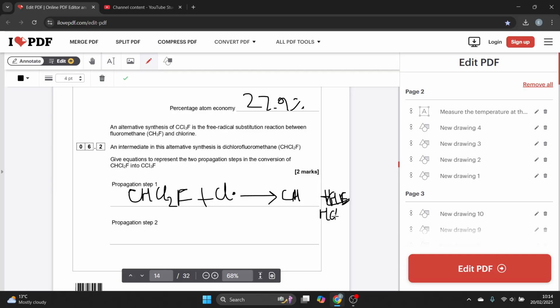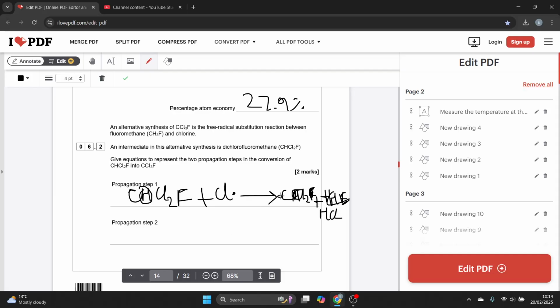Yeah, HCl plus a CCl2F free radical. I should know because this hydrogen is going to bond to this chlorine and the free radical is going to go to CCl2F.